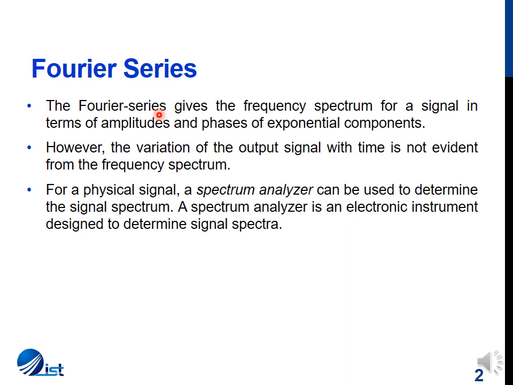Since we were studying exponential Fourier series, the spectrum was two-sided, covering the positive frequencies as well as the negative frequencies. We also saw that the spectrum could be plotted versus k, versus omega naught, which is the fundamental frequency, or versus f. A plot of the spectrum versus omega or f is more meaningful.